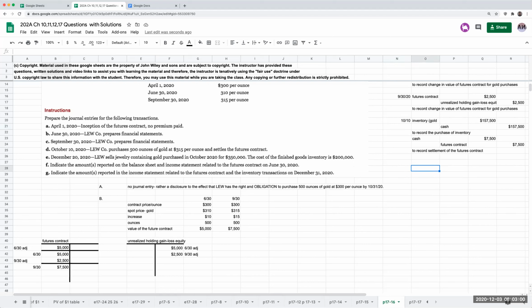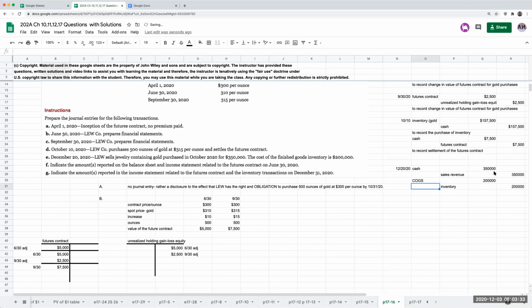So for letter E, December 20th, 2020, I have my typical entry here. I sell it and get cash of 350,000. I credit sales revenue for 350,000. I'm then going to debit cost of goods sold and credit inventory.